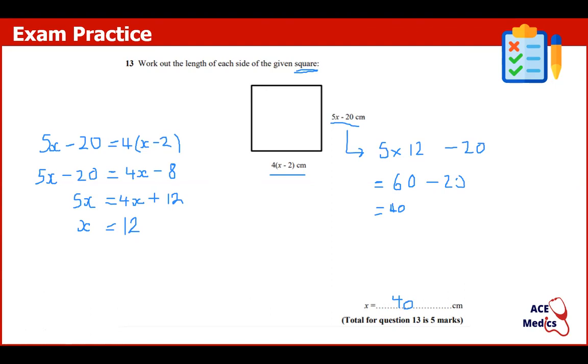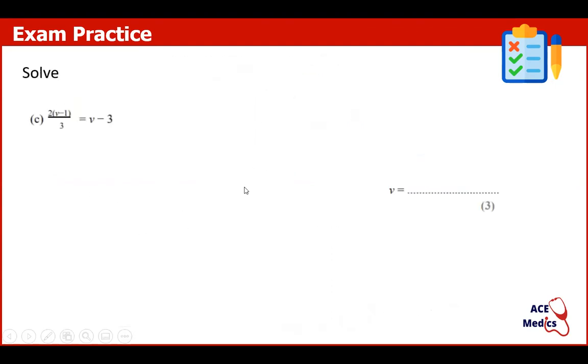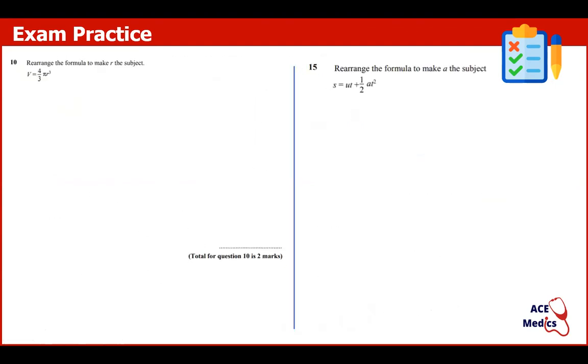Cool. Okay, perfect. Right, I wanted to show you one more question. Okay, so either have a go at number 10, which is slightly easier, or number 15, which is slightly harder. And we'll go through both of those.